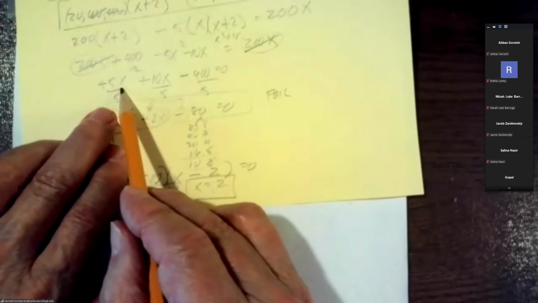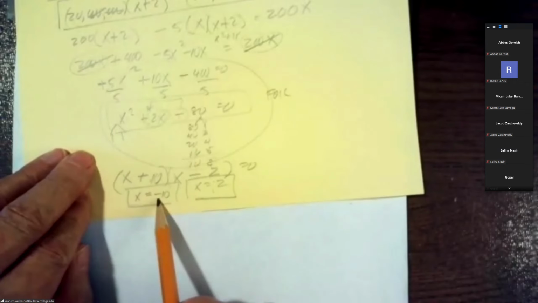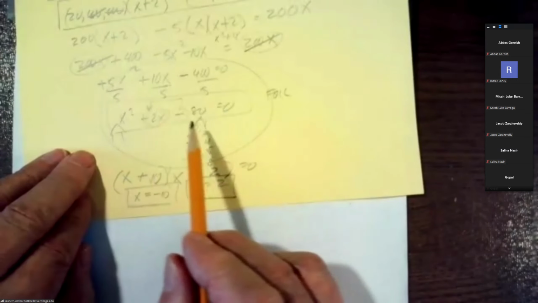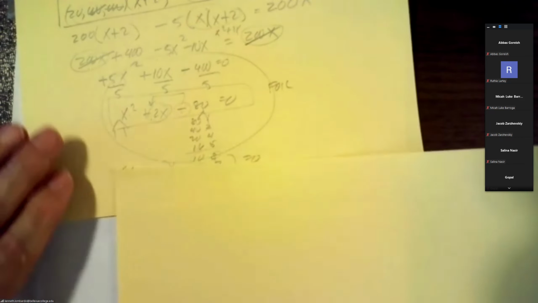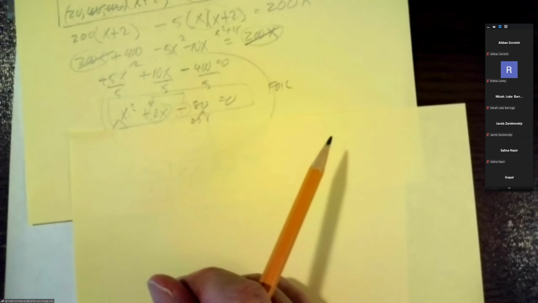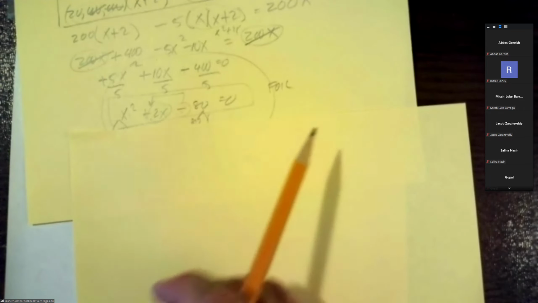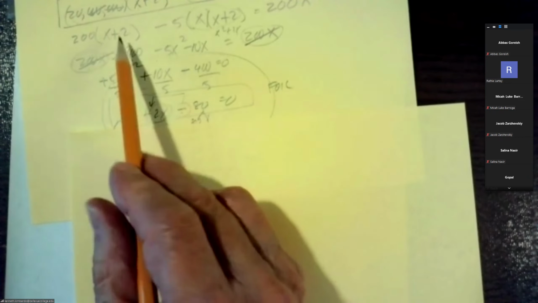I think there's something incorrect in what I've done here, because I don't think this answer is going to check. So let me bring out another piece of paper and see where we've gone wrong on our arithmetic here. We ended up with, let's see, $20 million, that was good.